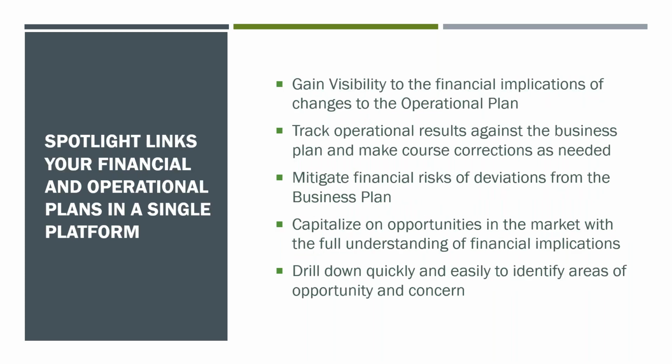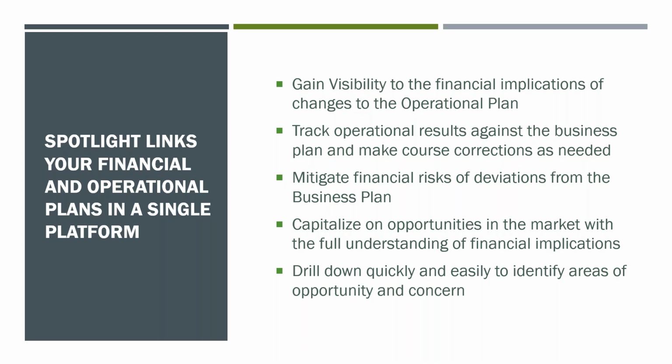Okay. So what Spotlight's doing, and what we've built, is a platform that allows linking your financial and operational plans into a single platform, gaining visibility of the financial implications of changes to the operational plan, right? So as you're making those changes with an IBP and all the information that's coming out of IBP, you can bring that into Spotlight and actually view it, analyze it, and drill down in a really cohesive way.